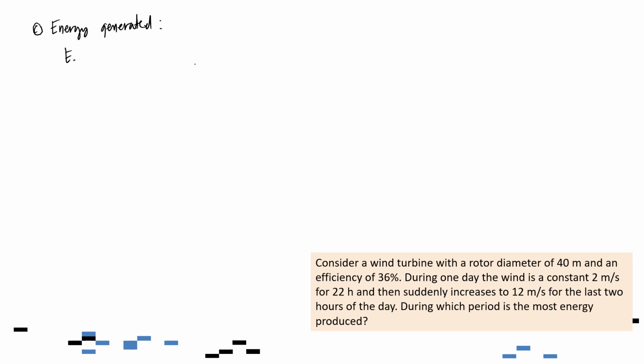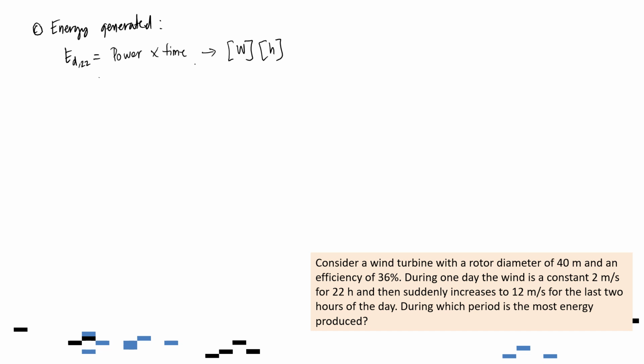So let's say energy generated for 22 hours is equal to, how do you calculate energy? Power times time, basically, right? If you look at the unit analysis for this, power is watts and time is hours or seconds. So in this case, hours. So it becomes watt hour, or you can have kilowatt hour as well.